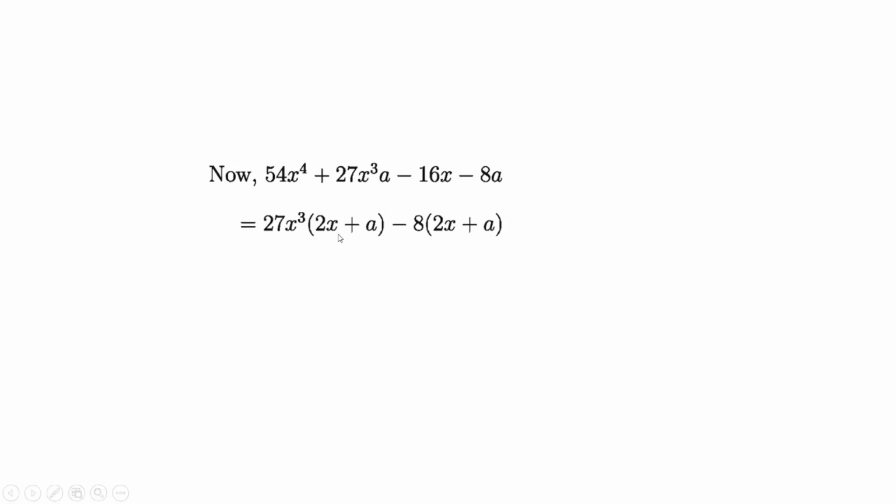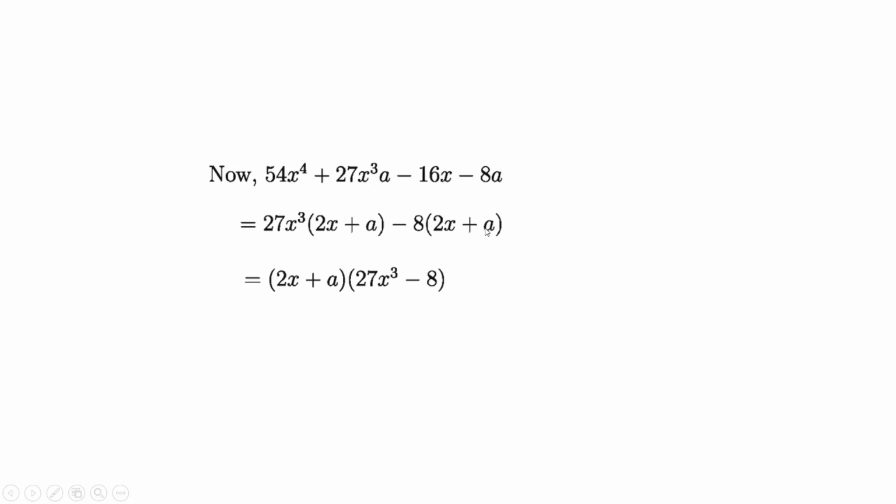Take 2x plus a. If you want to get 54x to the power 4, you must multiply 27x cube with 2x, and 27x cube into a is 27x cube a.